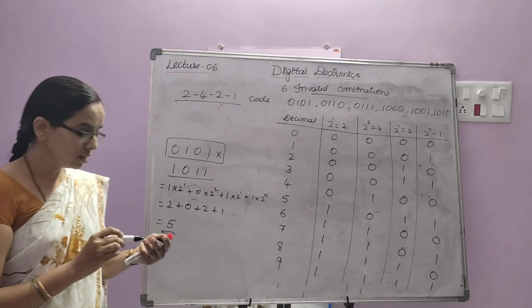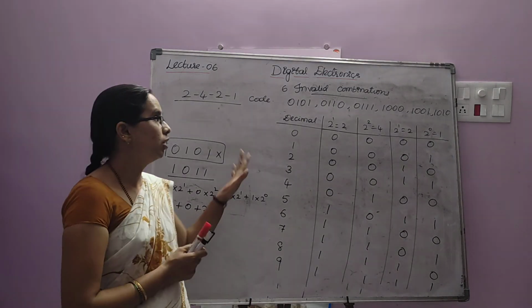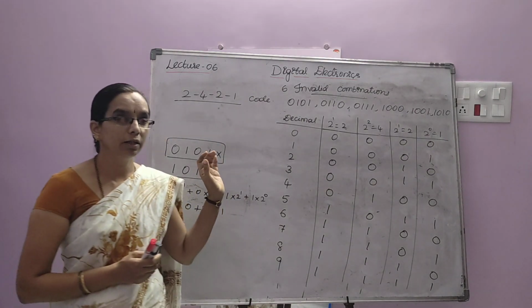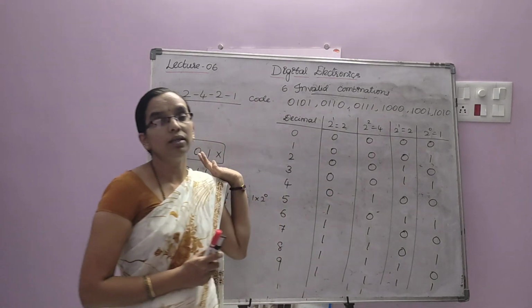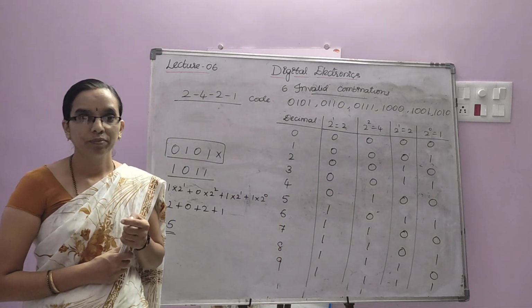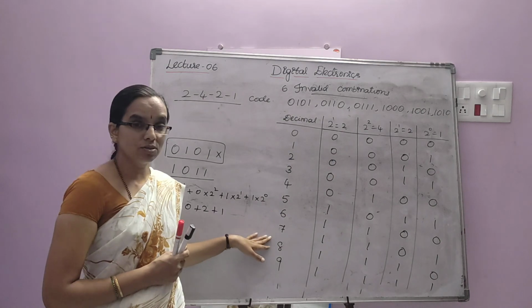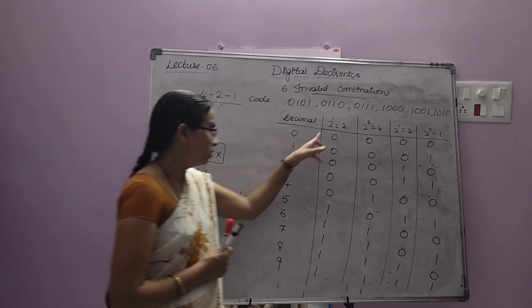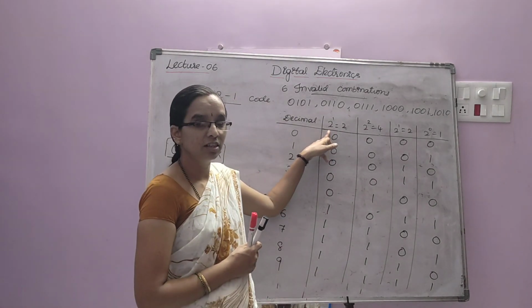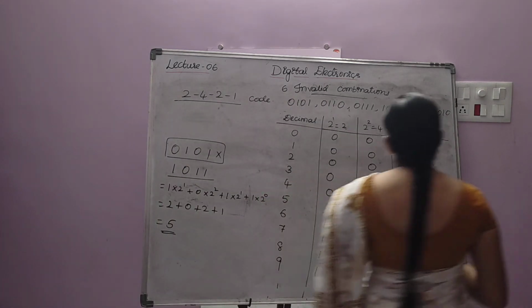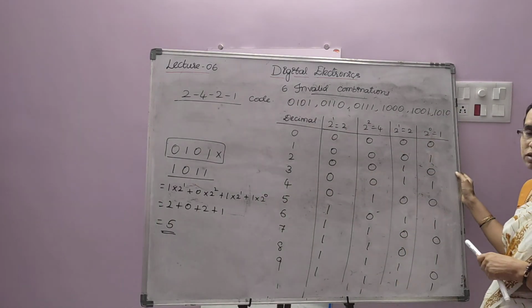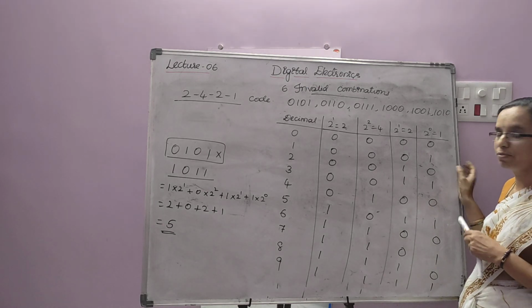These are the 6 invalid combinations of 2421 code. That means these codes are not used in 2421 code. So by replacing the weight 8 by 2, we can get the self-complementary code, which helps in the process of subtraction.